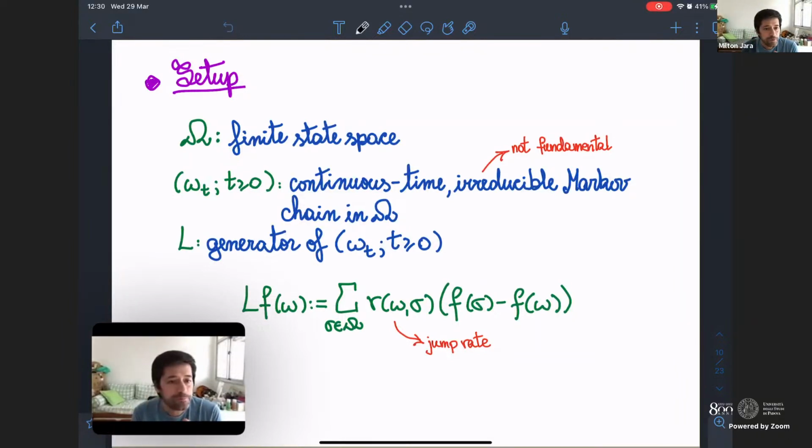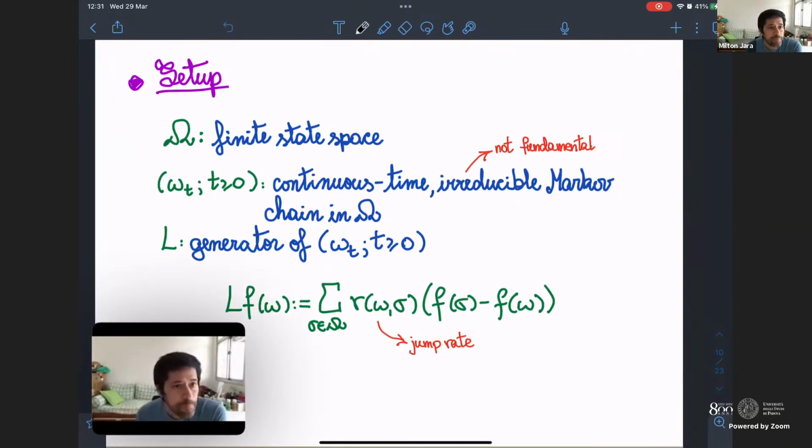So I'm going to take a finite state space and a continuous-time Markov chain there. I want to talk about the generator, which is written there, just to fix notation. I'm going to consider reducible Markov chains. It's not fundamental, because you can always take the reducible components if you need to.